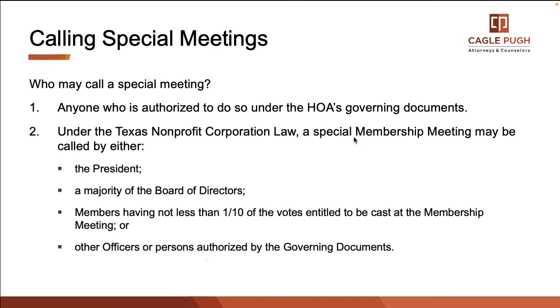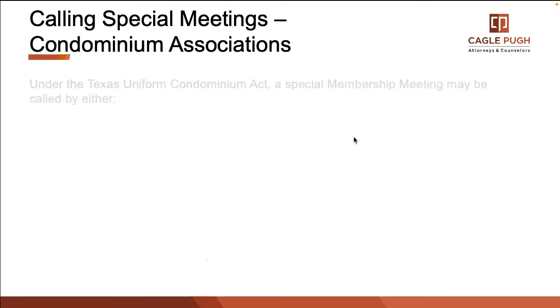Anyway, who can call a special meeting? If you look at your governing documents, it will indicate who's allowed to call a special meeting. Under Chapter 22 of the Business Organizations Code, if it's not in the bylaws, you can also call a special meeting by the president, a majority of the board of directors, members having not less than 10% of the votes to be cast at a membership meeting, or any other officer or person authorized by the governing documents.